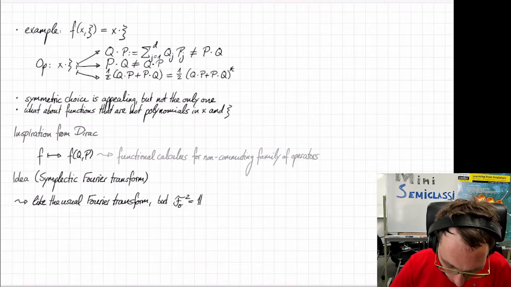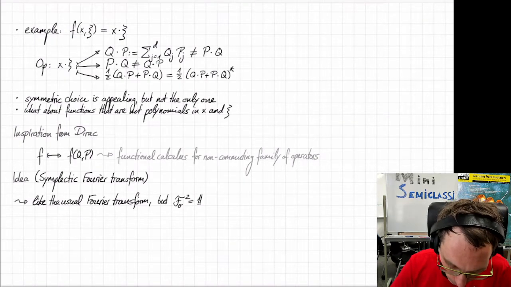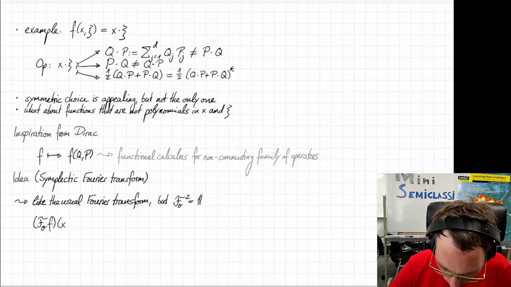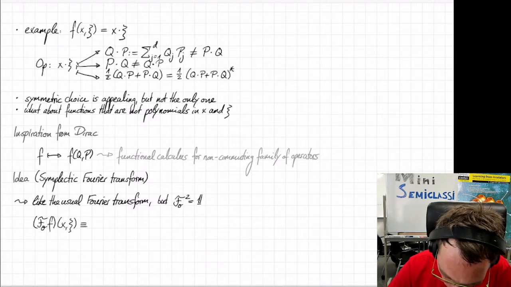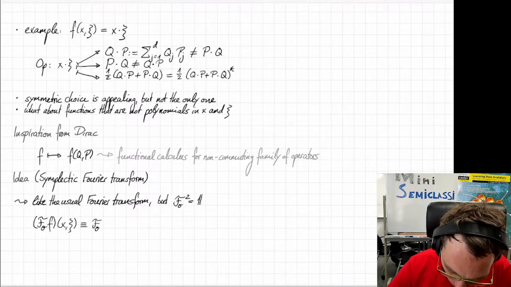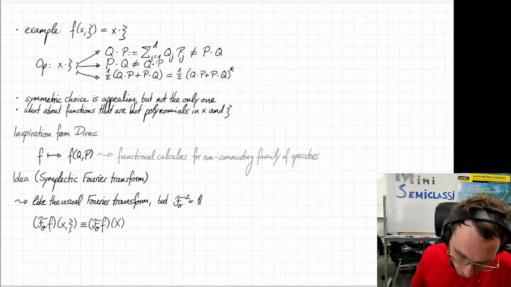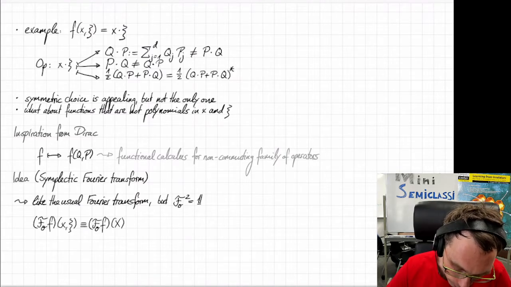Okay, of course, you will ask, what does it look like? Well, it really looks like the usual Fourier transform in most ways. So let me remind you that I'm using capital letters to denote the collection of a position and a momentum.